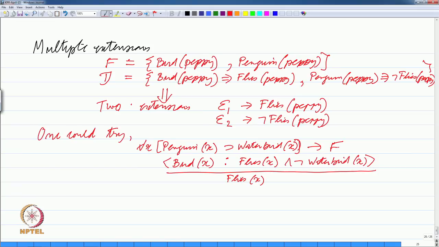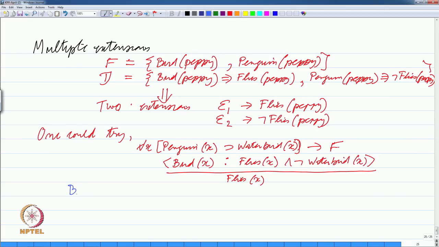If we modified our knowledge base to say that penguins are water birds, and we modify the rule for bird which says that it is normal for a bird to fly as long as it is not a water bird essentially. If it is a water bird, then it cannot fly essentially. So, the moment when we say that Tweety is a penguin or Pepi is a penguin, the first order rule will create an entailment that Pepi is a water bird, which will stop the flying rule from being applied essentially.